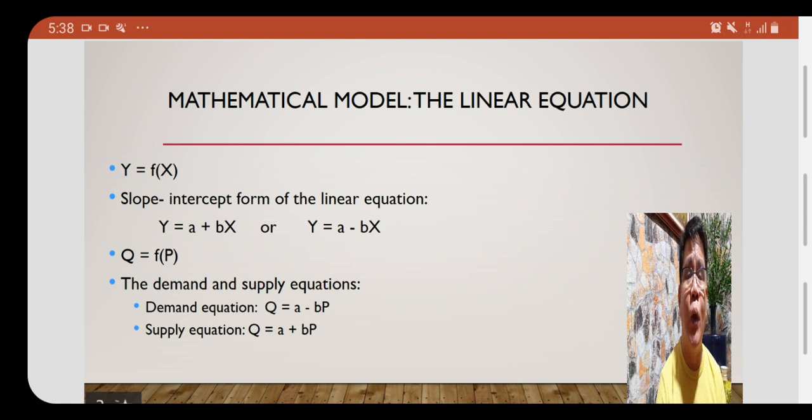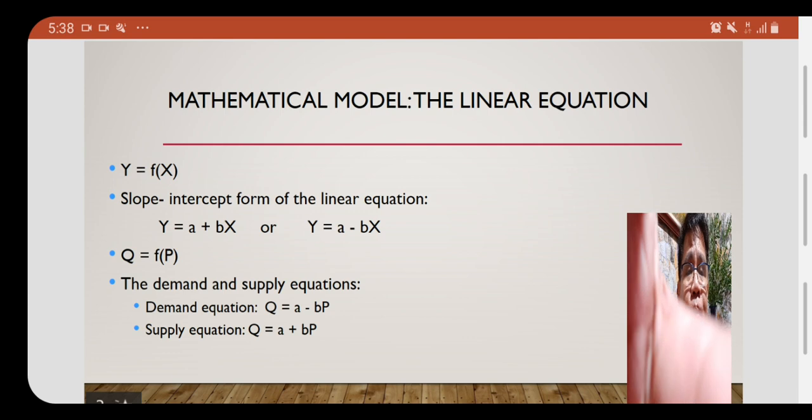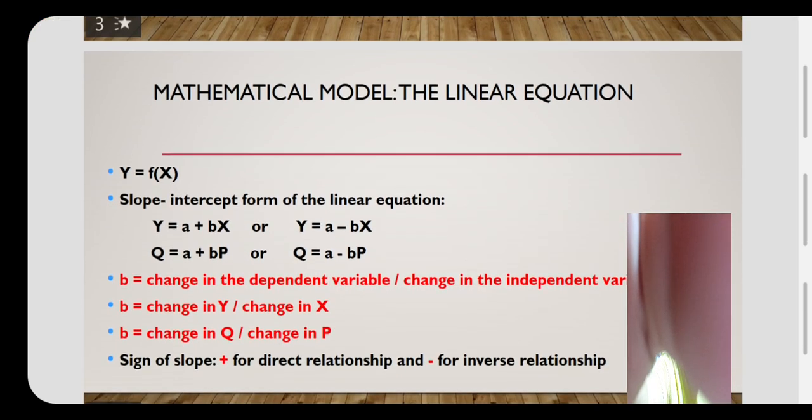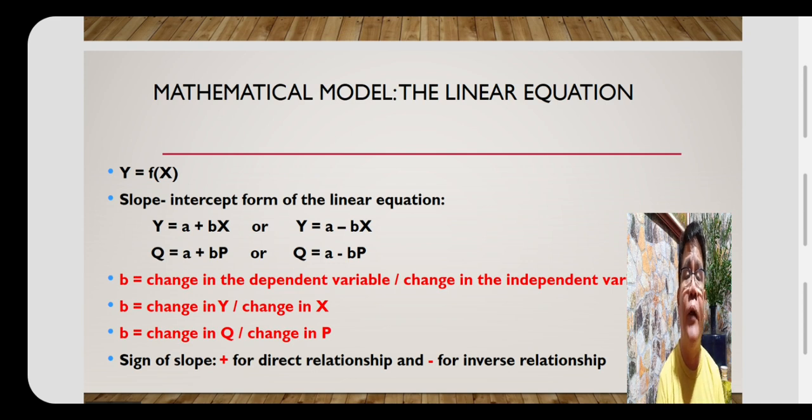And for the supply equation, the relationship between quantity and price is positive or direct. So we now have the understanding as to what the coefficient B represents. And again, it is the slope.